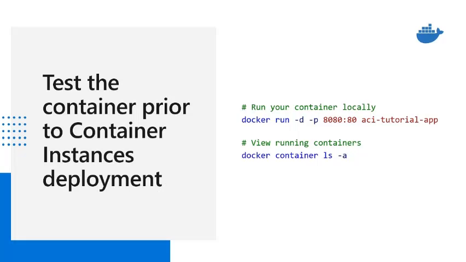The output from the docker run command displays the running container's ID if the command was successful. So if we run this, we should have the container's ID. Then you can view all the running containers by using docker container ls, which shows all the running containers.